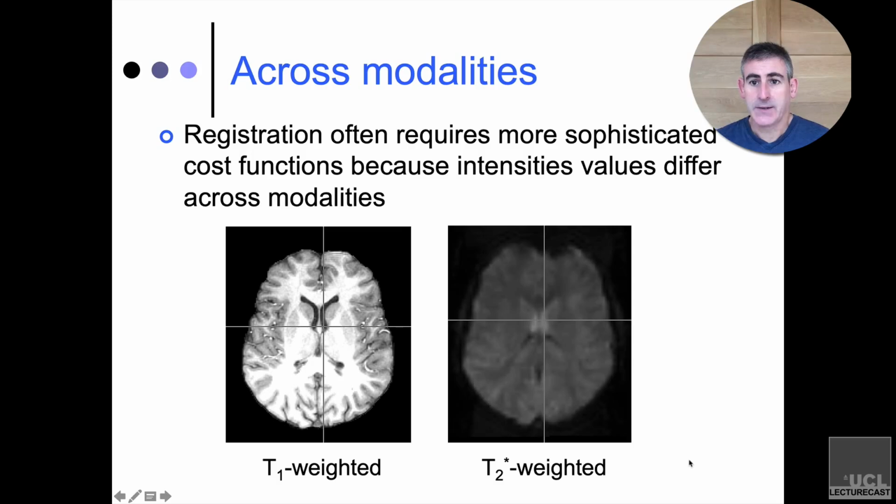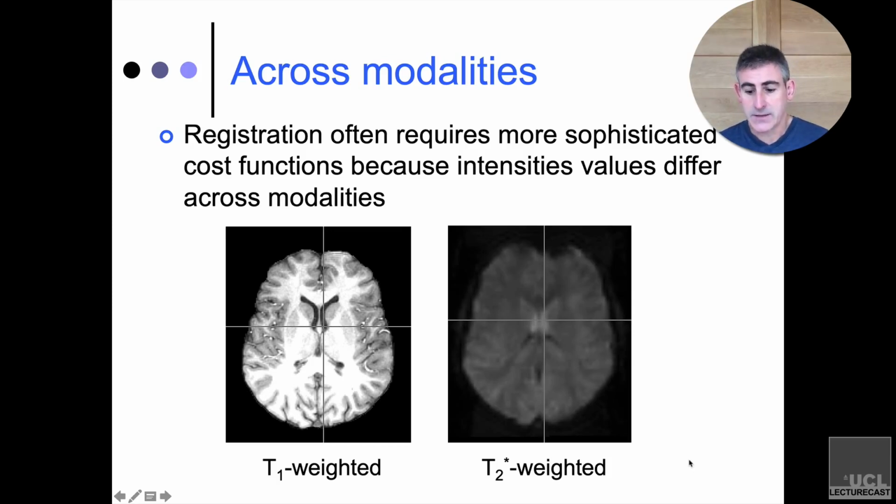And this is what I mentioned just a few minutes ago, that it becomes harder to do cost functions across modalities. So that is to say, to compare a structural to a functional scan, because they can be the same tissue type and still give you very different signal. And that's the whole point of a T1 weighted image versus a T2 star weighted image, for instance. And look, here's a good example in this image.